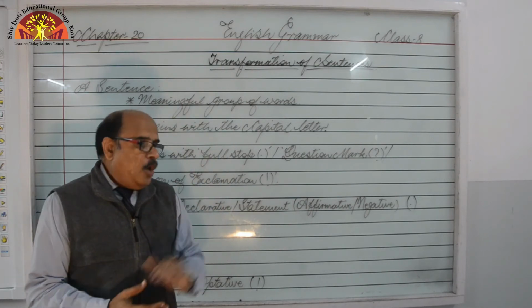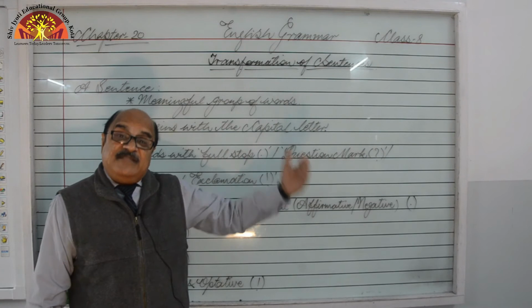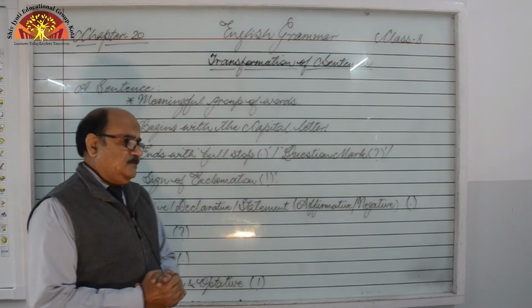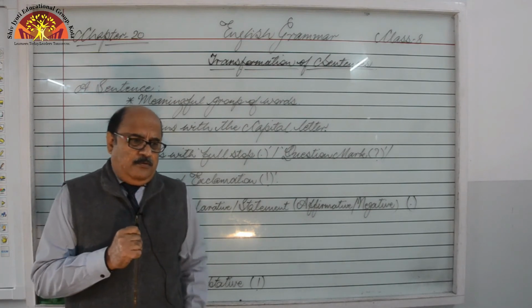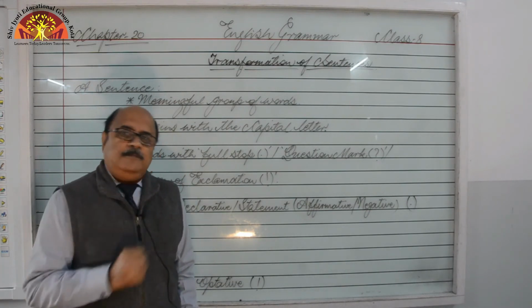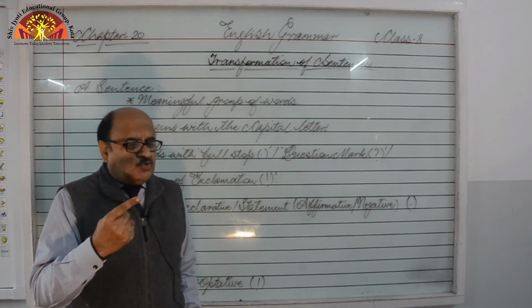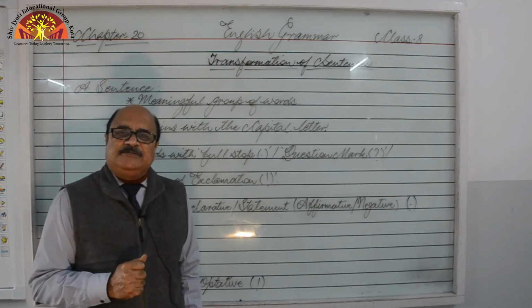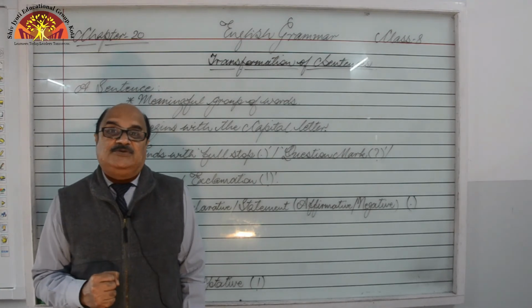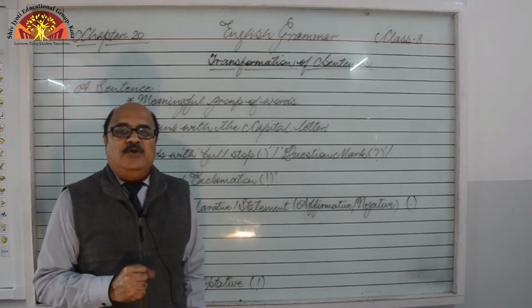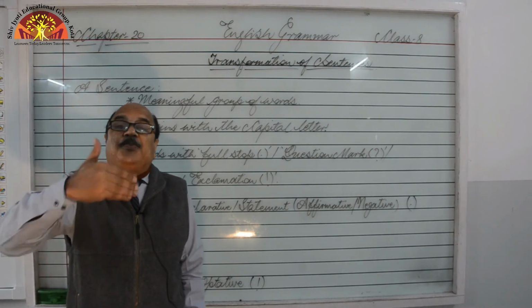We can say, or Rahul is taller than Rohan. Suppose Rohan 5 feet, Sohan 4 feet, Rahul, and another student, Rakesh, 4.5 feet. So what to say? Rahul is the tallest boy. Rahul is tallest because this is superlative degree.